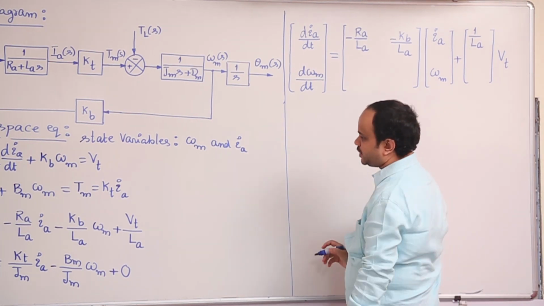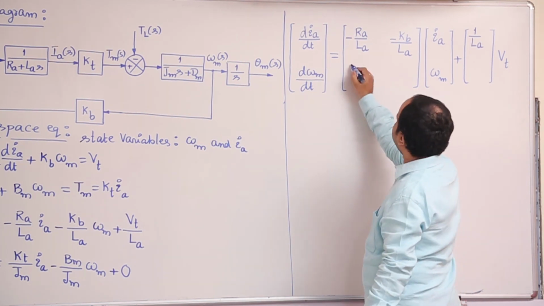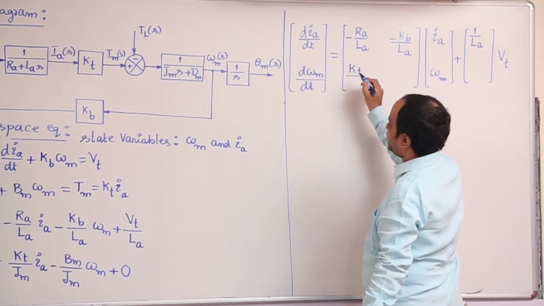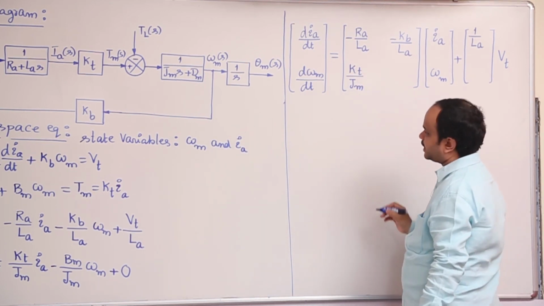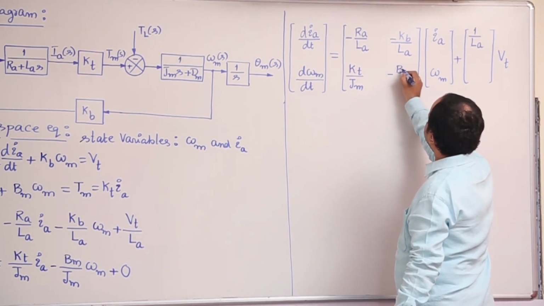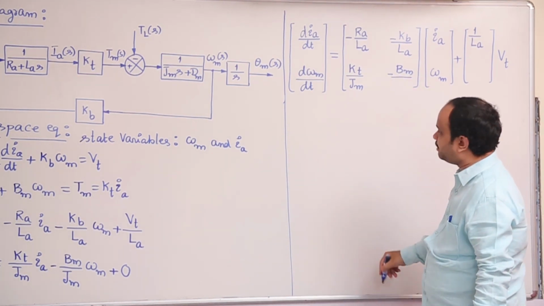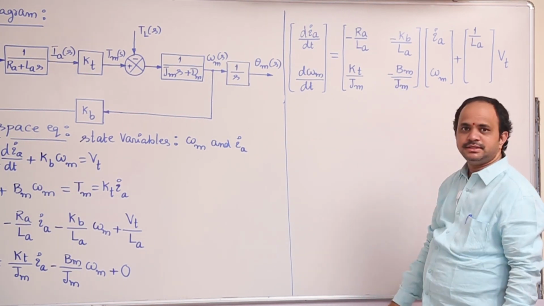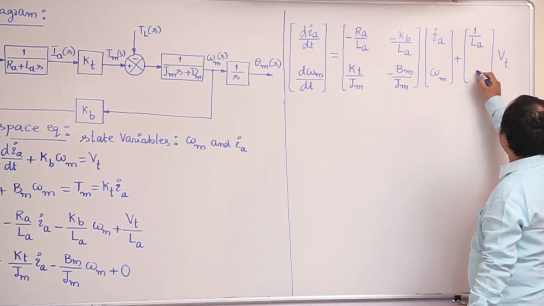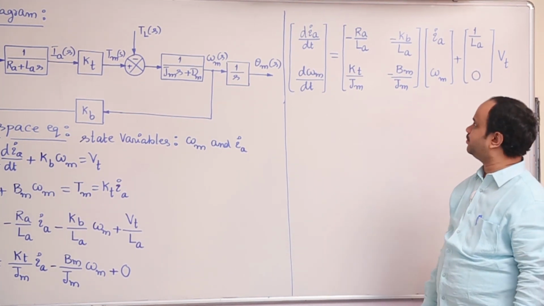Now the second equation: the term multiplied with ia is Kt by Jm, and the term multiplied with the speed is minus Bm divided by Jm. There is no input term here, so make it 0.